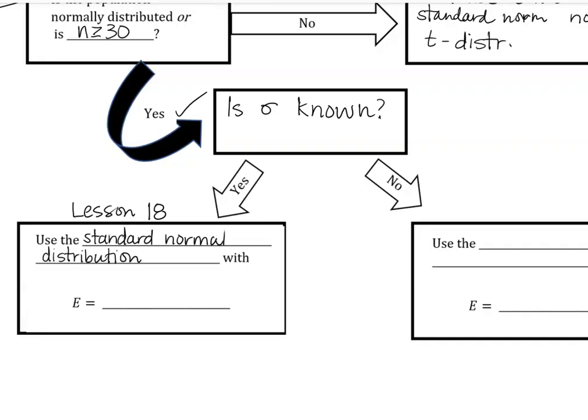And if you are using the standard normal distribution, the formula for your error is z sub c, which is the critical value that you find from the standard normal distribution, multiplied by sigma, the population standard deviation, which you do have because you did answer yes to it being known, and you divide by the square root of your sample size n.